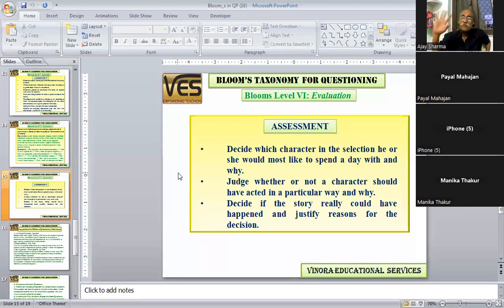Most of them will give you the answer, Salman Khan. But why? Decide if the story really could have happened and justify the reasons for the decision of Salman Khan to go across the border.